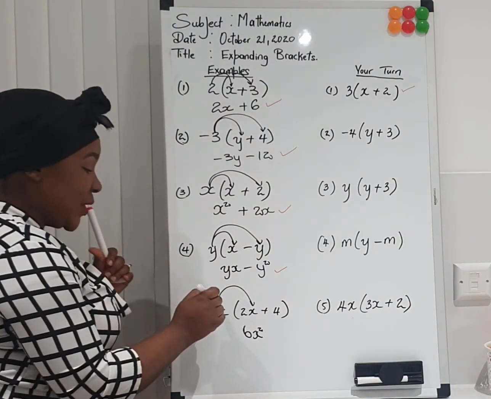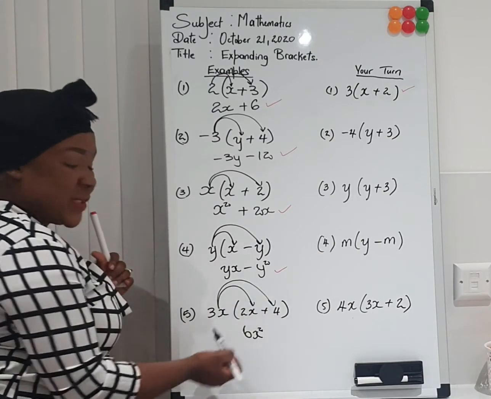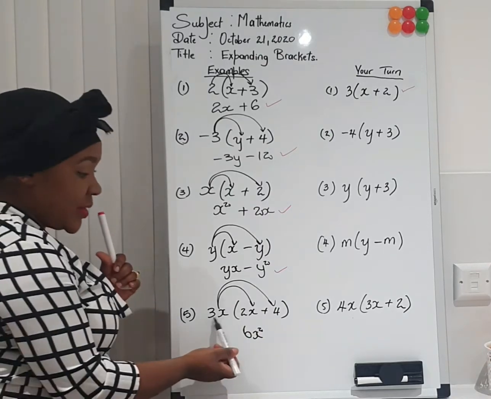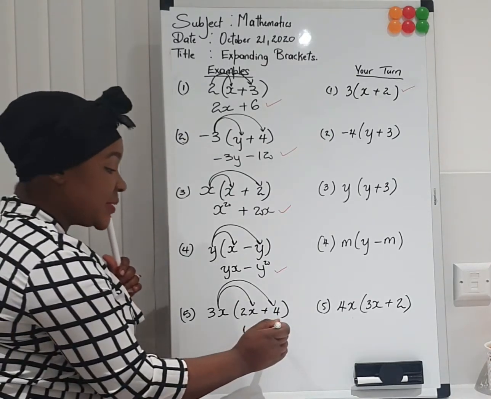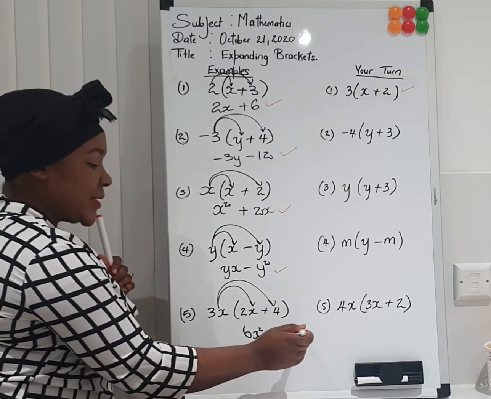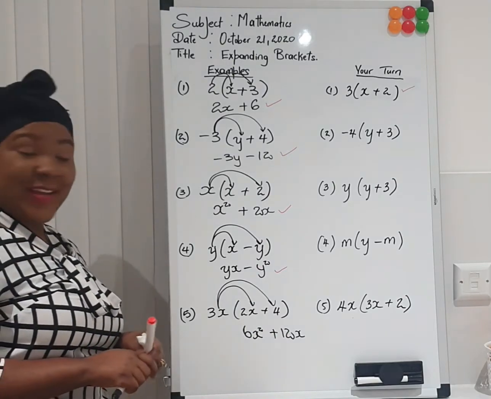Nice. And then we're going to go with the next part, and that is going to be 3x times 4. So 3x times 4 is going to be 3 times 4, which gives me 12, and we add our x there. So it's 12x. Good job.